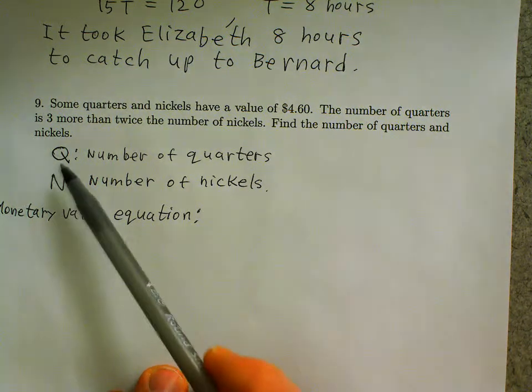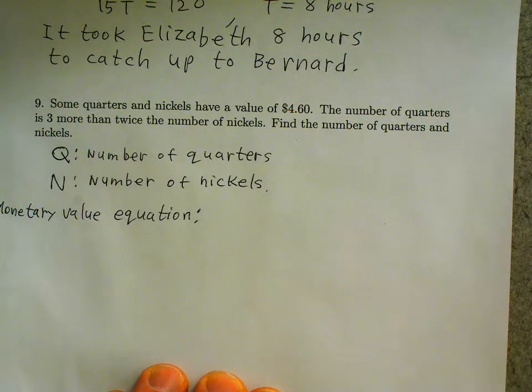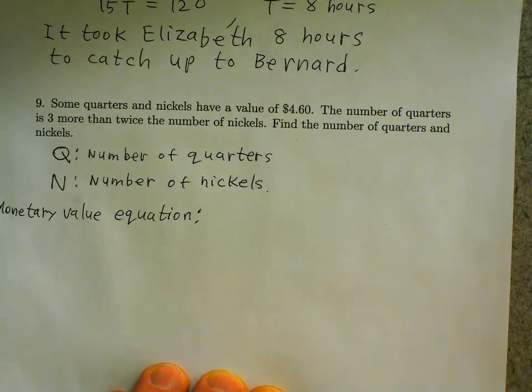If I have Q quarters, how do I represent the monetary value of Q quarters? Q times 0.25. Yeah, the number of quarters multiplied by 0.25, that represents the monetary value of Q quarters.